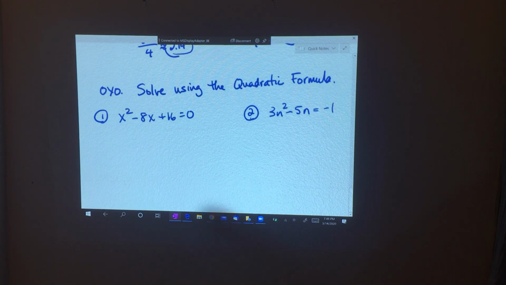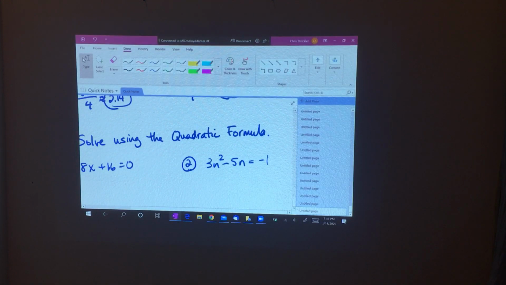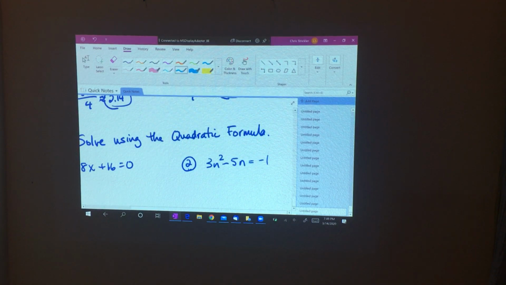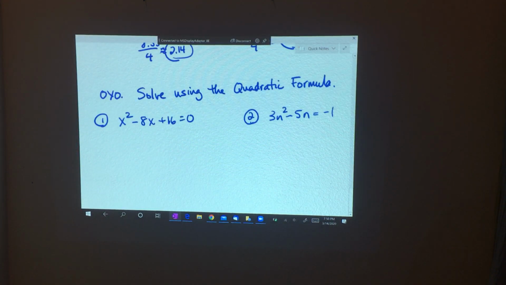Okay, so let's see how you did with those. I'm going to change colors because that makes it a little bit more interesting. Love colors. So we can work it out. Okay, so A is 1 here, B is negative 8, and C is 16.